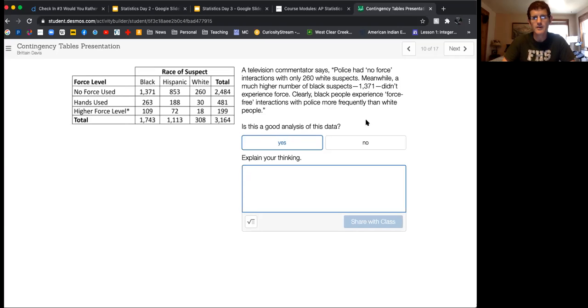Meanwhile, a much higher number of Black suspects, 1,371, didn't experience force. Clearly, Black people experience force-free interactions with police more frequently than white people. Now, ignoring all of the social answers that we might give to that, statistically, is that good analysis?